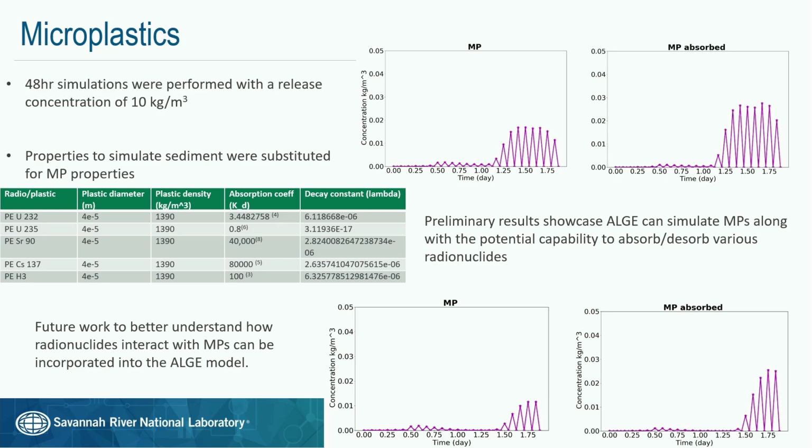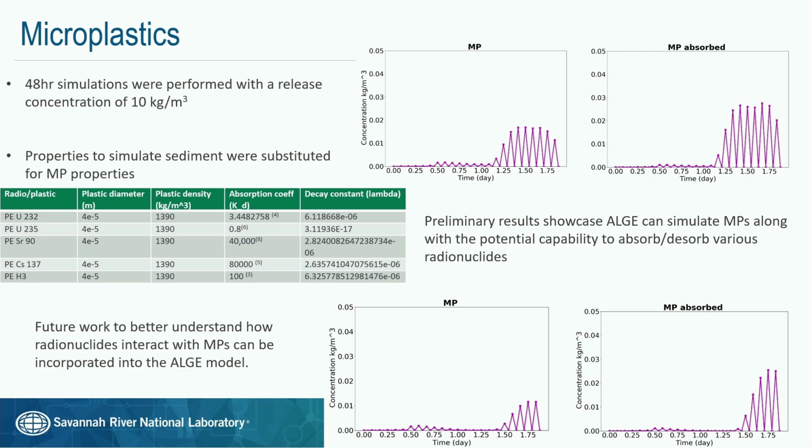For this study, some of our absorption coefficients are actually based on radionuclides absorbed onto sediment. So for some of these runs, we are assuming that the absorption rate for the radionuclide absorption onto sediment is the same as a radionuclide absorbing onto microplastics. All microplastics for this study were also assumed to be the same type, and in this case, we chose polyethylene.